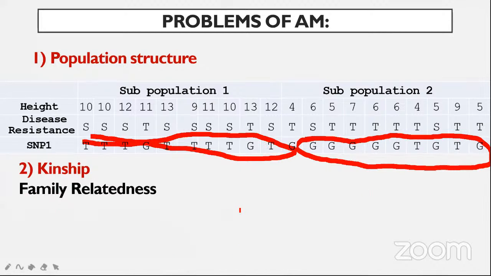The other thing is kinship, or family relatedness. Even though you have a diverse population, you might have samples with similar parentage or grandparentage, or over a few generations you might have the same relatedness with the family. With that, you have the same LD blocks spread throughout the genome. Maybe 50% shared, 40% shared.